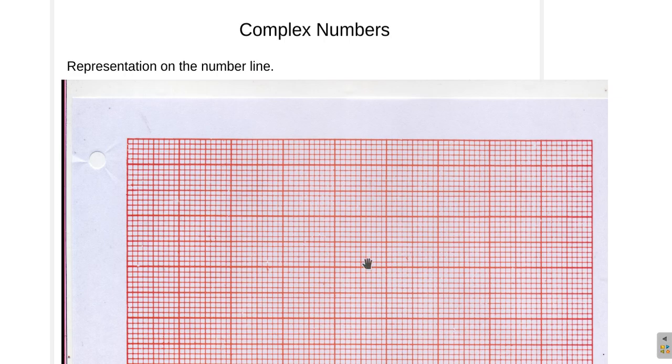Now you remember when you talk about a number line, you're looking at a horizontal line, right? And in the middle of that horizontal line you have your 0.